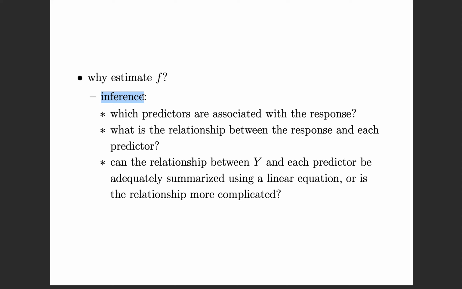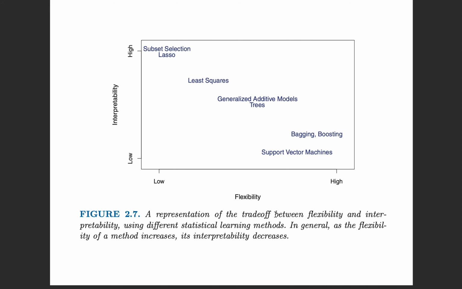Based on that we can say this feature has a positive impact on the outcome, this feature has a negative impact on the outcome. But if the relationship is more complicated, then we need to use more flexible models, and the more flexible they become, the less interpretable they become.